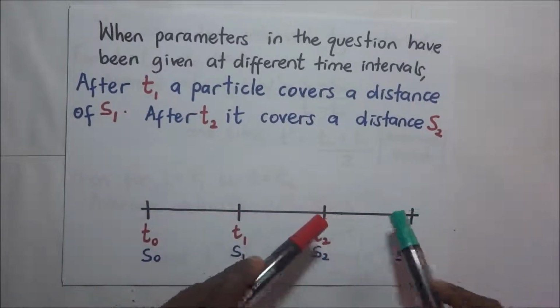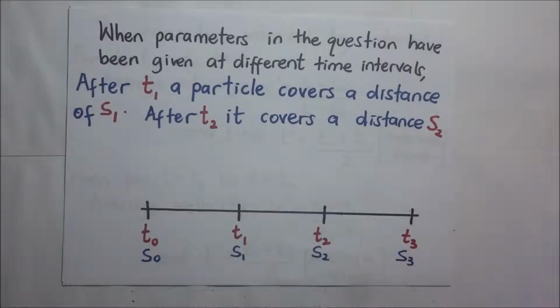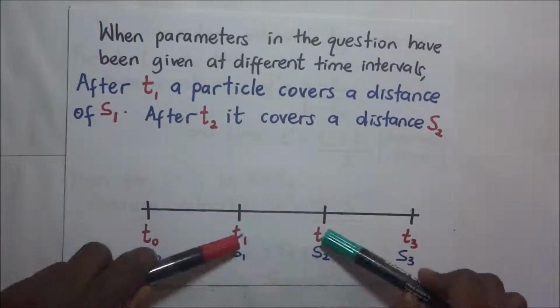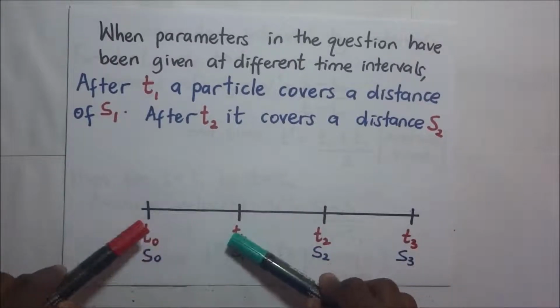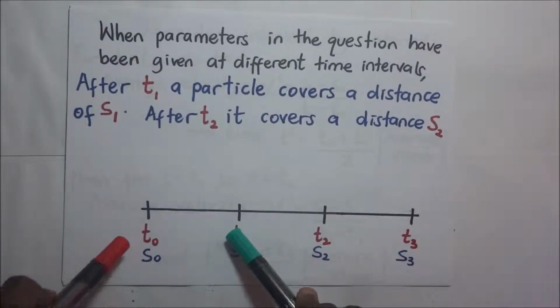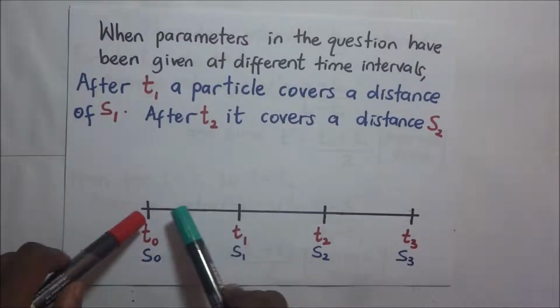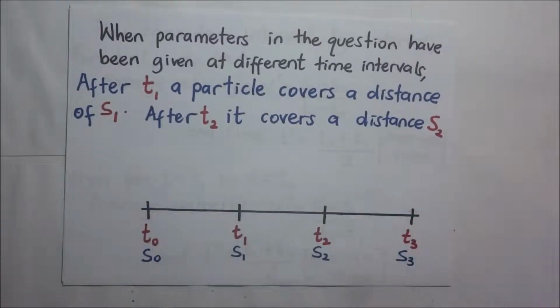You're going to look at the question interval by interval to get the acceleration, because here we are looking at constant acceleration, so the acceleration is going to be the same. Our main issue here is to be able to find the acceleration.